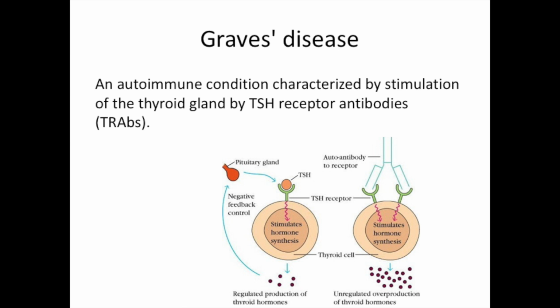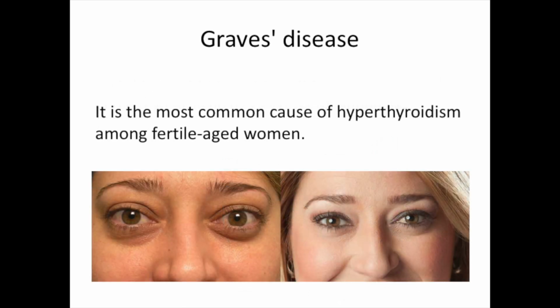So it's basically an autoimmune process. And Graves' disease is the commonest cause of hyperthyroidism in reproductive age group ladies. Graves' disease is the most common cause of hyperthyroidism among fertile aged women.